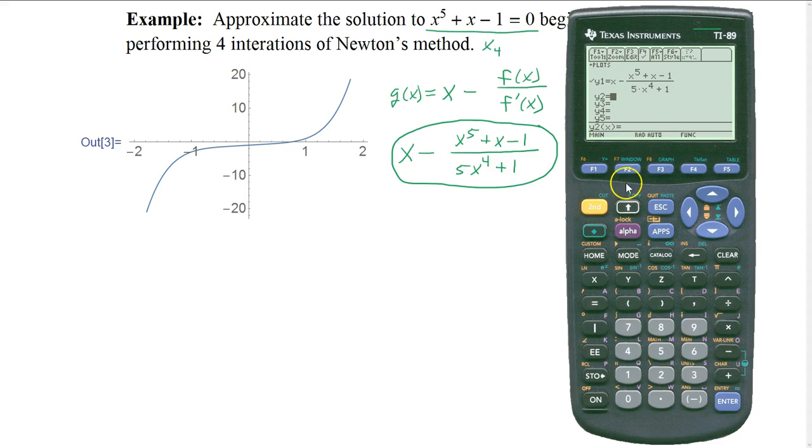Now we're going to go back to the home screen, and we want to evaluate x1. Here's how we'll do it. This function is now stored into the y1 register of our calculator. So x1 will be y1, or g, of 1.5, which is x0.